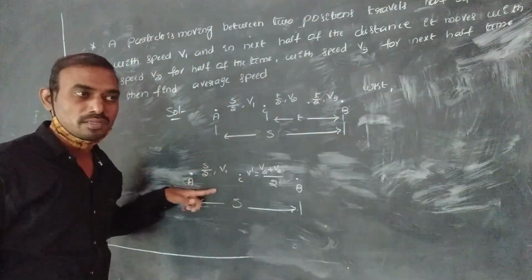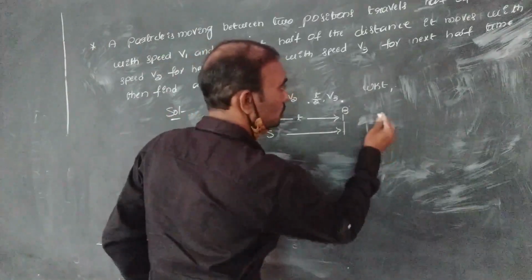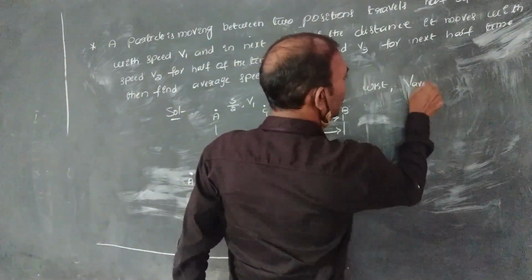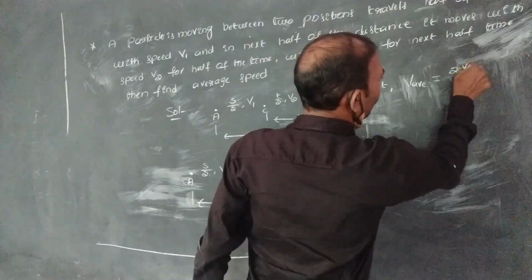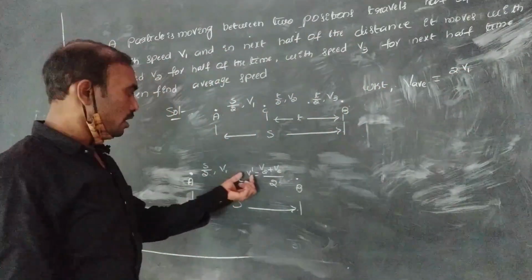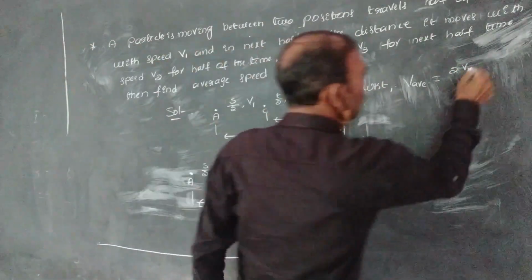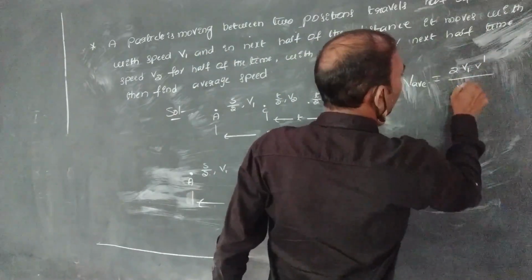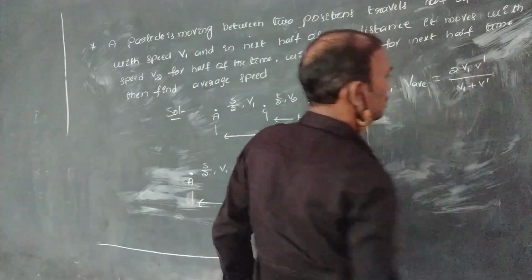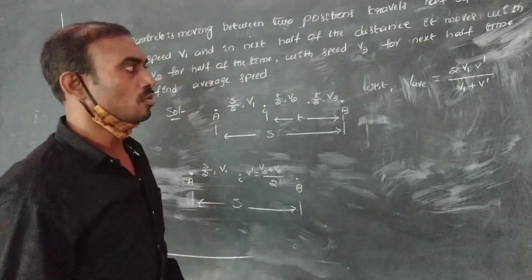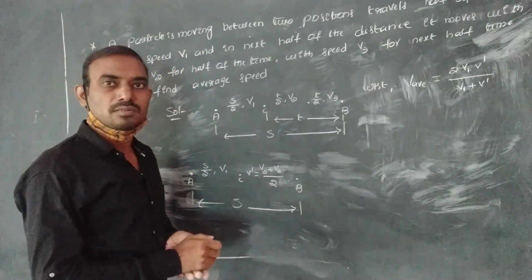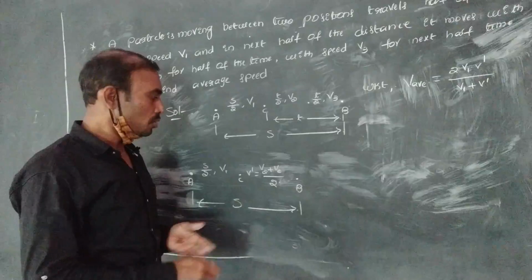In half distance method, what is the average speed formula? V average is equal to 2 V1 V2 by V1 plus V2. In place of V2 we have V dash, so 2 V1 V dash by V1 plus V dash. So substitute V dash value.